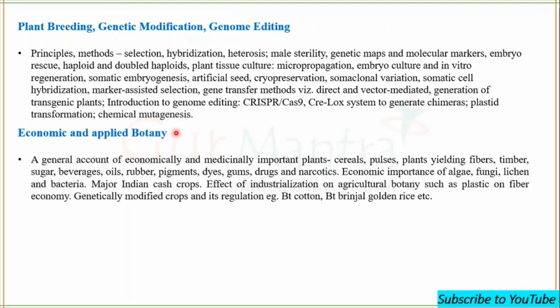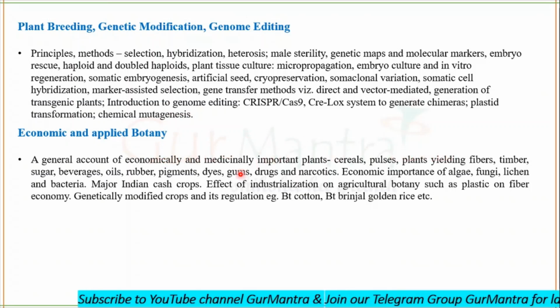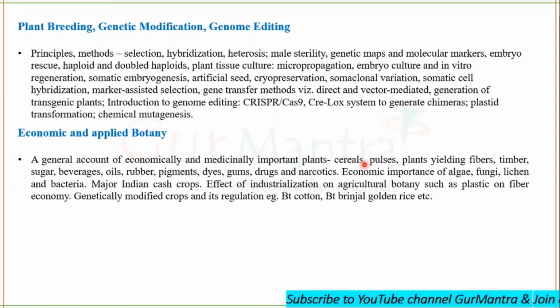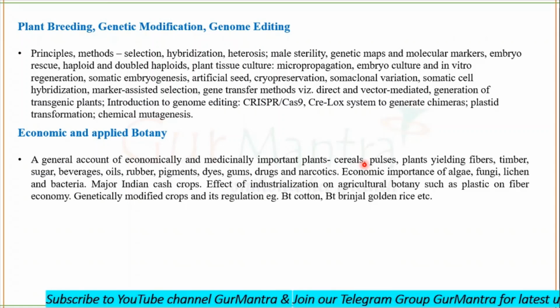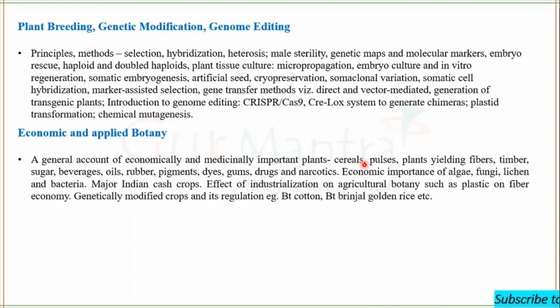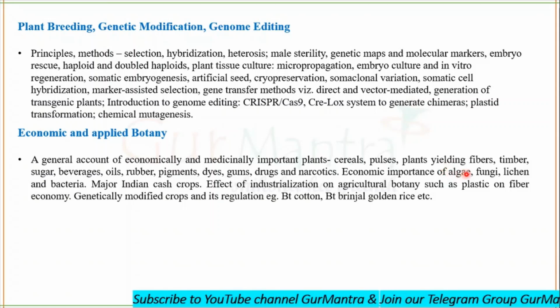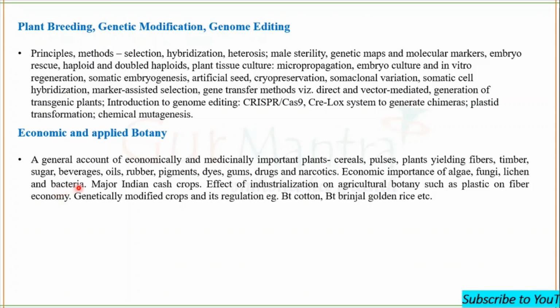Next, economic and applied botany. It's a very basic one. It will include the plants which are economically important for us, like pulses, cereals, and the plants which yield fibers, providing us with dyes, gums, beverages, oils, rubbers, and medicines, etc. We'll also be studying the economic importance of algae, fungi, lichen, and bacteria.